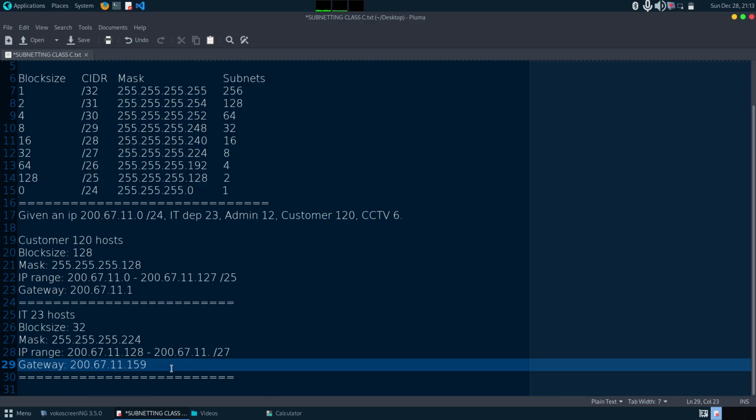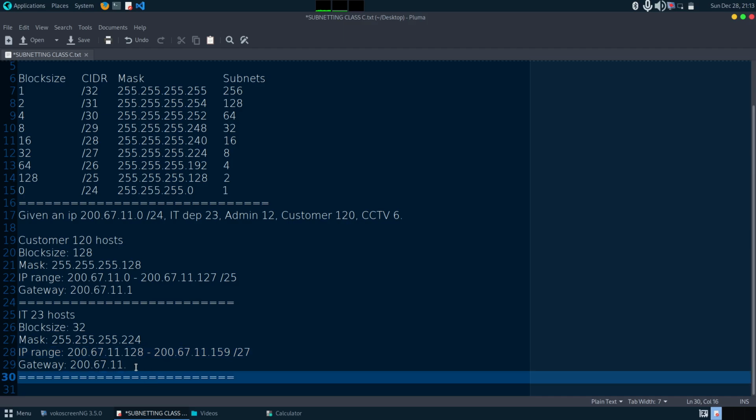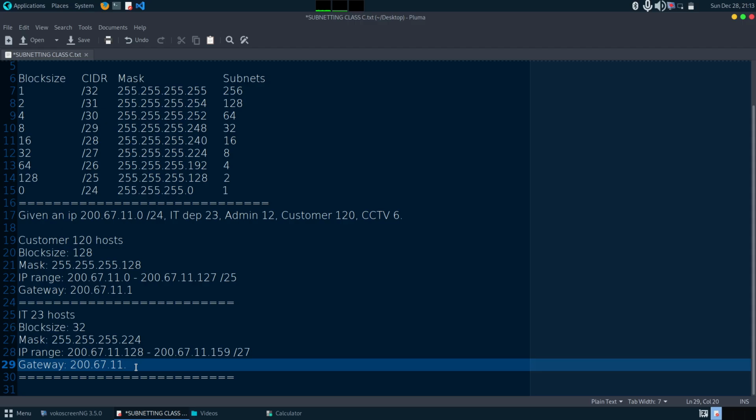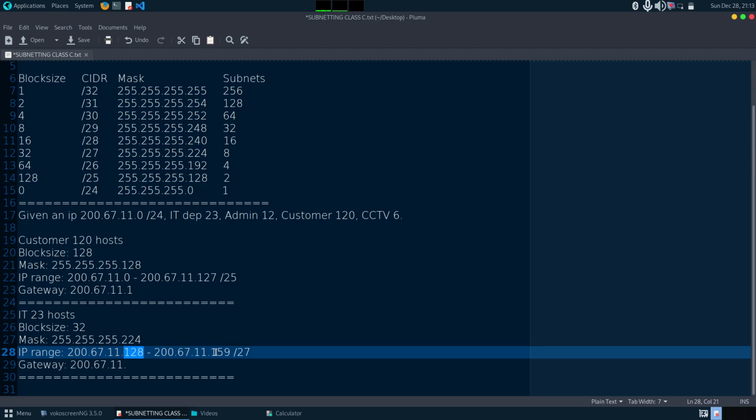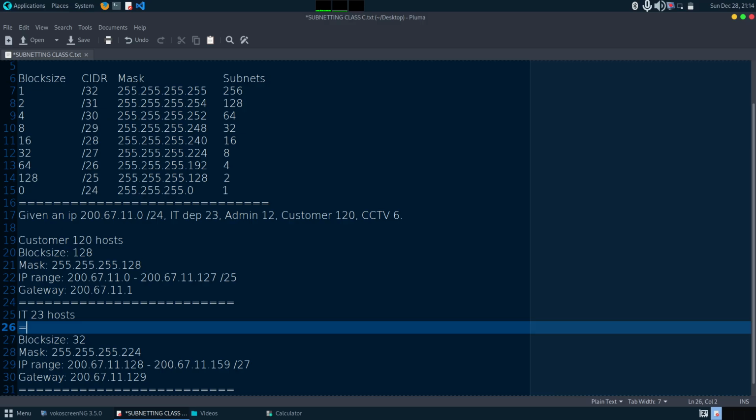So we have created another range that will start from 128 and it should end at 159. So this is now our new network address, this is our new broadcast address. The first usable is then the IP after the network address. So the number after 128 is 129. So we are done subnetting for this department here.